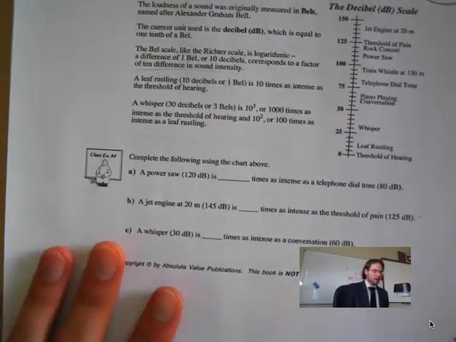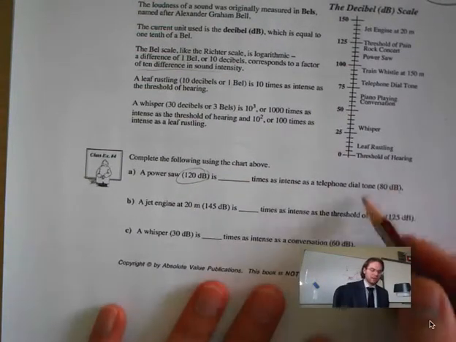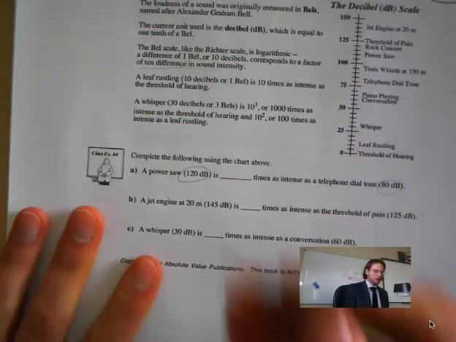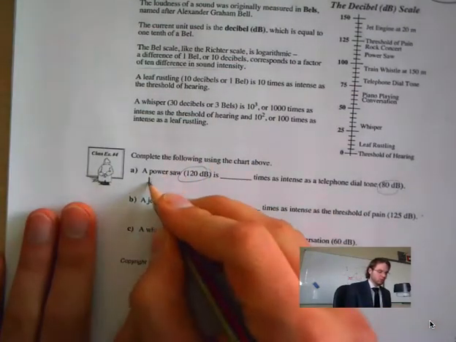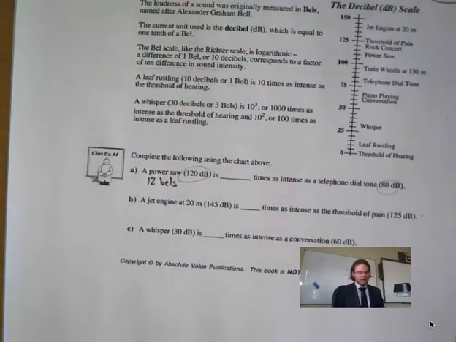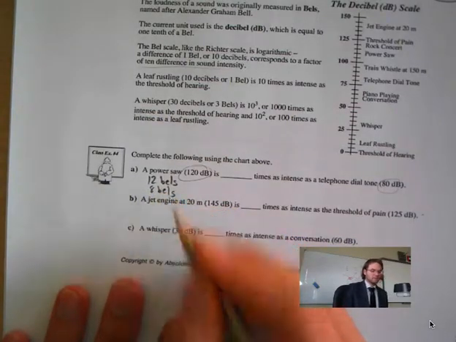So if I said 120 decibels is how many times as intense as a dial tone of 80? Okay. Well, 120 decibels is 12 bels. Okay? 80 decibels is 8 bels. Okay?